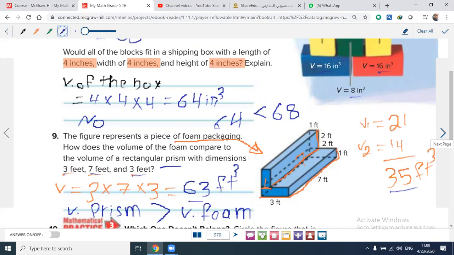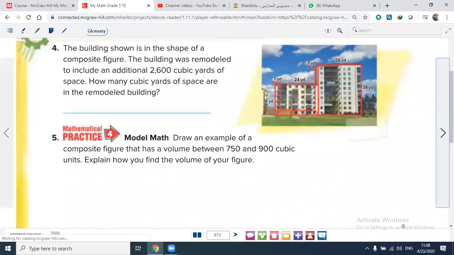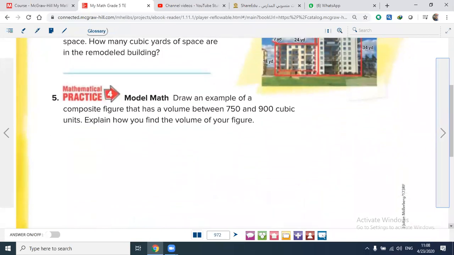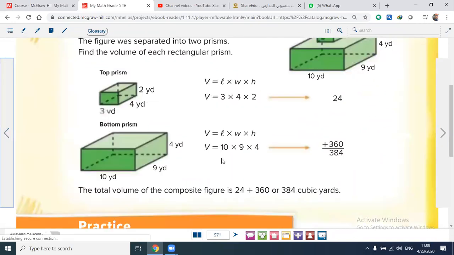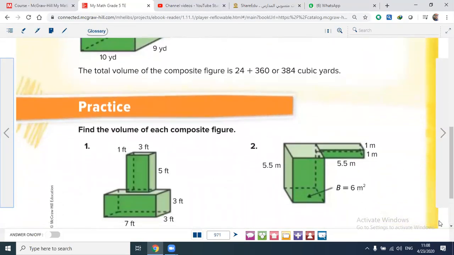Your homework will be pages 971 and 972. On page 971 you have 2 questions, 1 and 2.